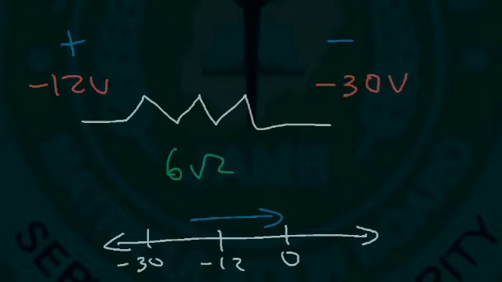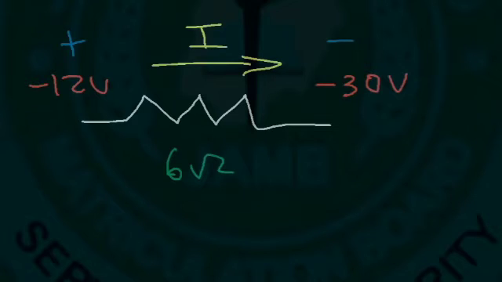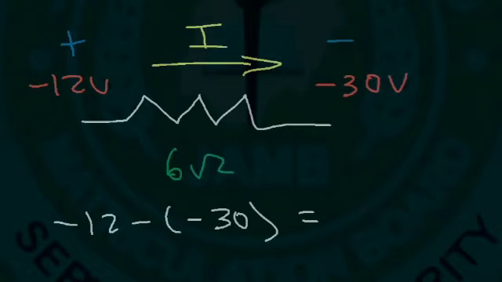Therefore, we know that current is going to flow from high voltage to low voltage. So in this case, it's going from left to right. Now, negative 30 and negative 12 differ by 18 volts. If you take the larger value and subtract the smaller value, you're going to get 18.